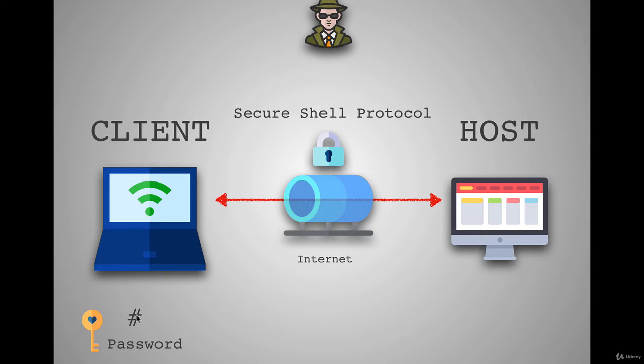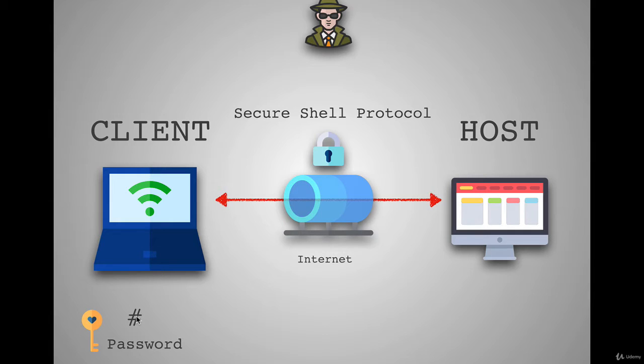Using a hash function, each message that is transmitted must contain something called a MAC. And this MAC is a hash generated from the symmetric key, the packet sequence number, and the message contents that we're sending. So let's say this client is trying to send the password to the host and they've already established a symmetric key for secure communication.